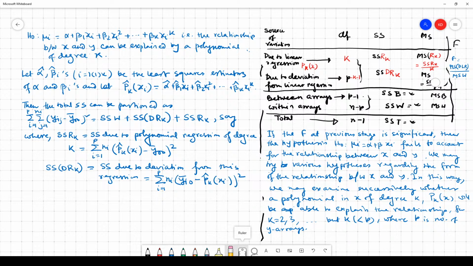MS DRK is equal to SS DRK divided by corresponding degrees of freedom, that is p minus k minus 1, and the F ratio is MS DRK divided by MSW. This is the F ratio.